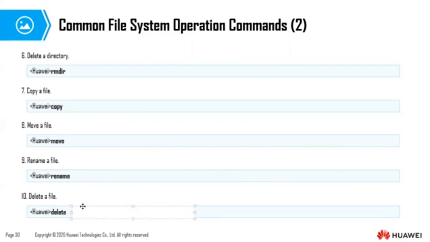But if you want to delete a file permanently, you use the command unreserved. So for example, delete unreserved, then the name of the file or directory. When you press enter, that particular file is going to be deleted permanently. It's not going to be stored in the recycle bin.